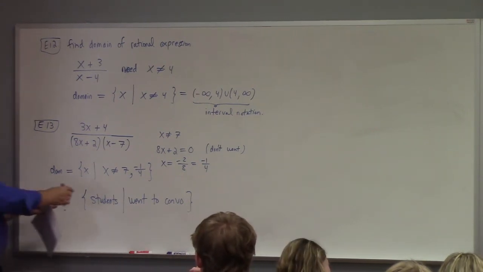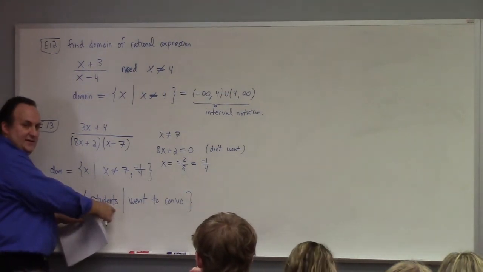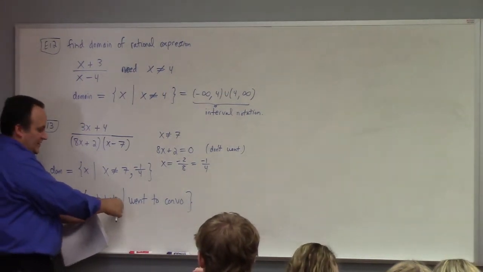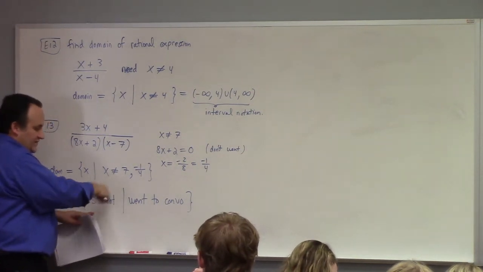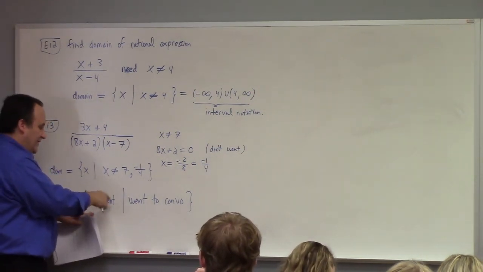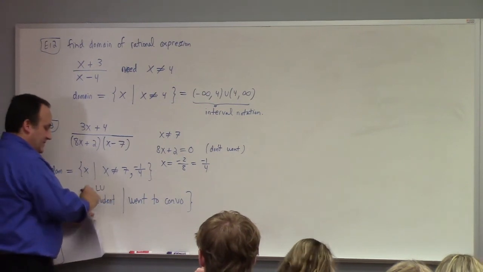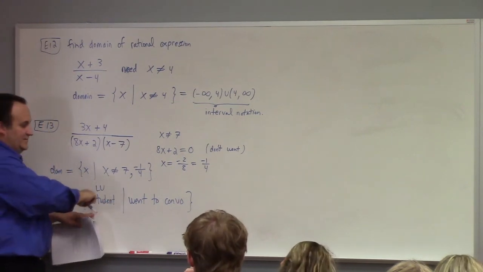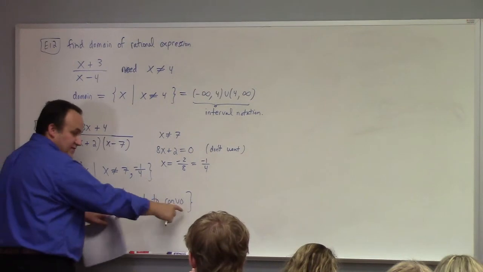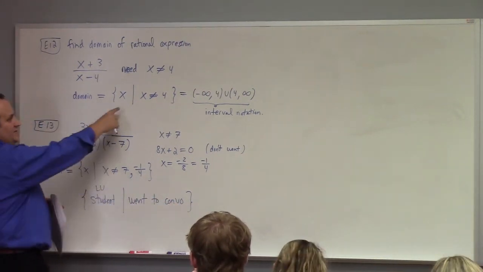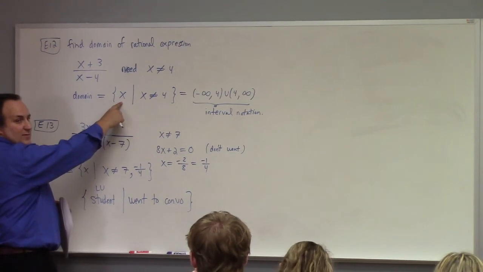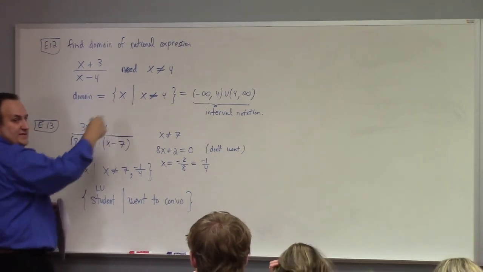So you put the universe of things that you're looking at here, a typical element. I could put a student, so all students are the thing here, like maybe I should say Liberty students, LU student went to Convo. So the condition goes over here, the typical element goes over here. That's what this notation means. To be more pedantic, I could say x a real number such that x not equal to 4.